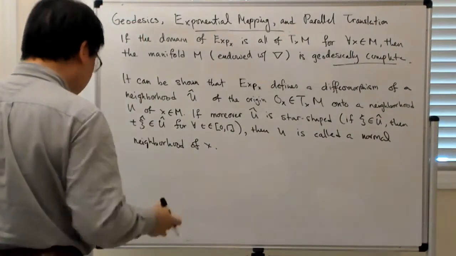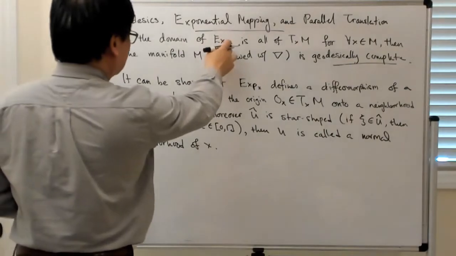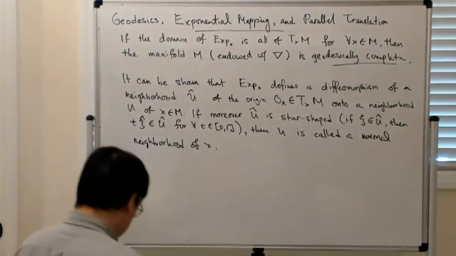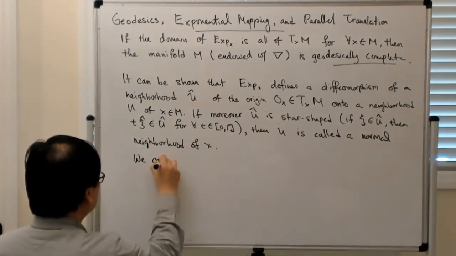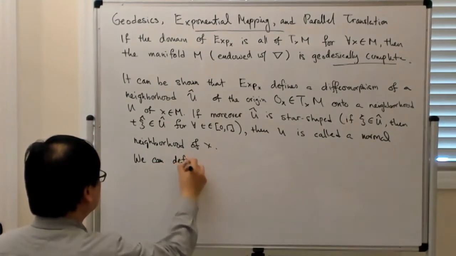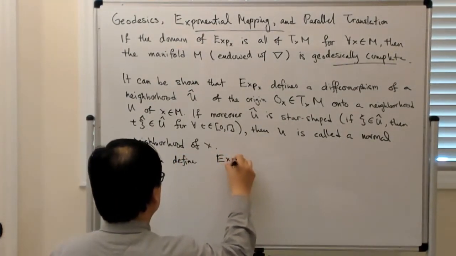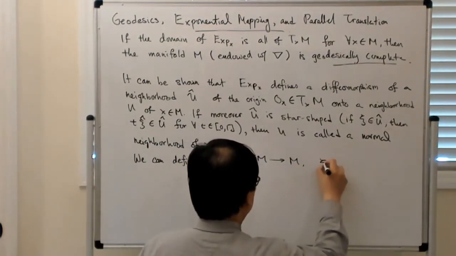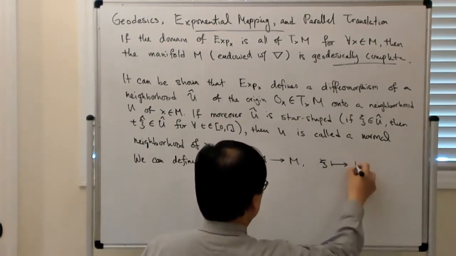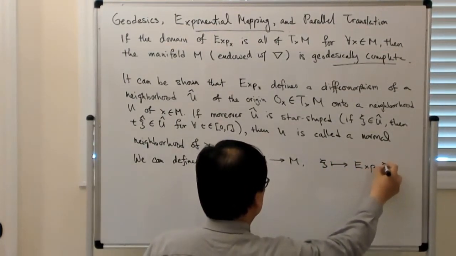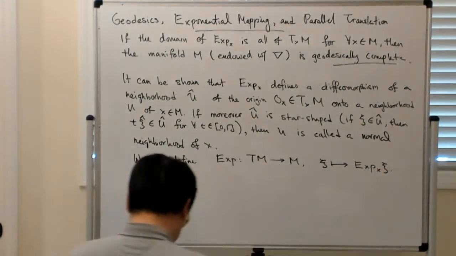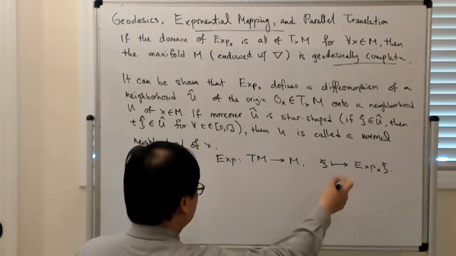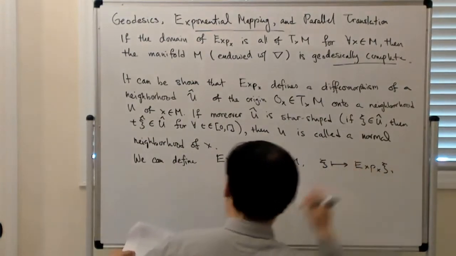And then so far we've defined this exponential with a base point; you can think of it as being extended to the full tangent bundle, right? So we can define just the exponential, which is a map from TM to M, in the obvious way, where you take a vector and map it to the exponential at x of this, where of course x is the foot of that vector.